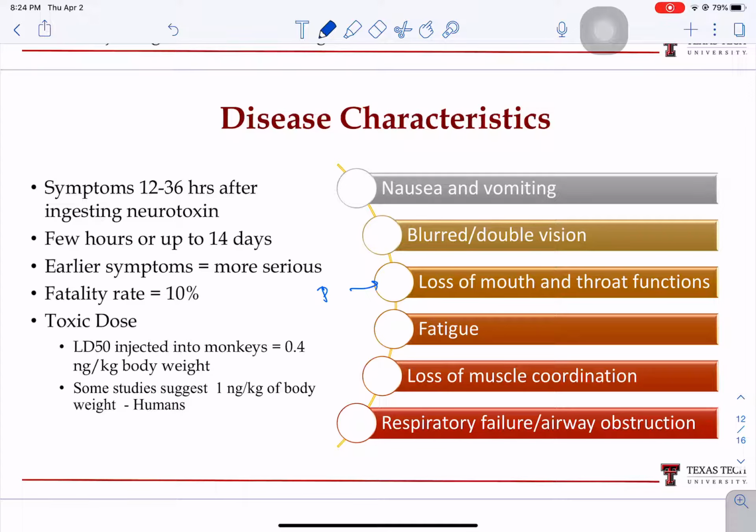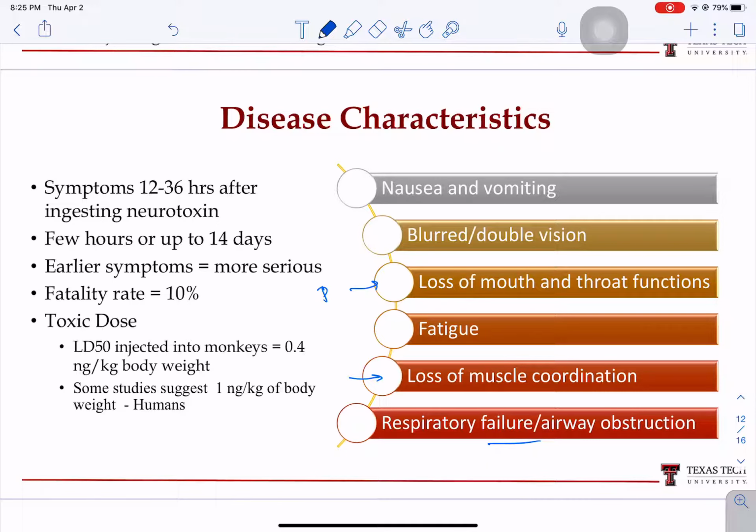It will cause fatigue, which is a general feeling of inability to move your muscles, and then ultimately you start losing muscle coordination, and the most severe symptom will end up in respiratory failure, airway obstruction, and also failure of other organs because of that inability to contract.